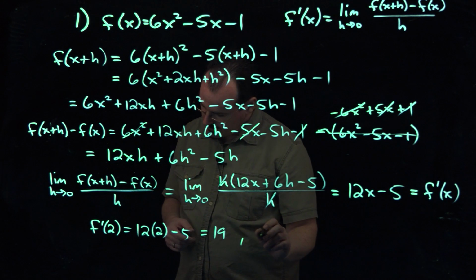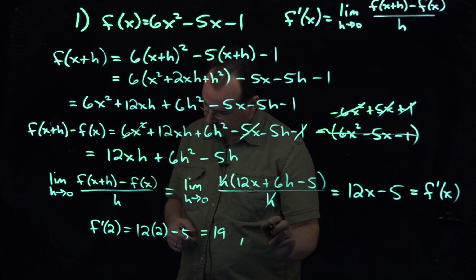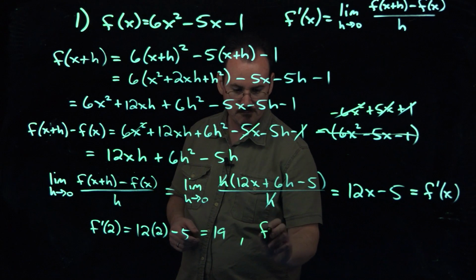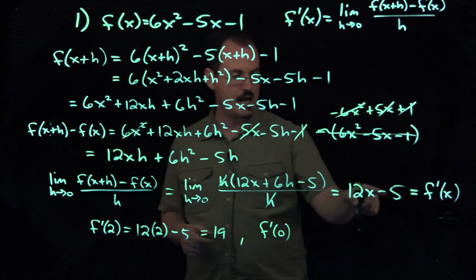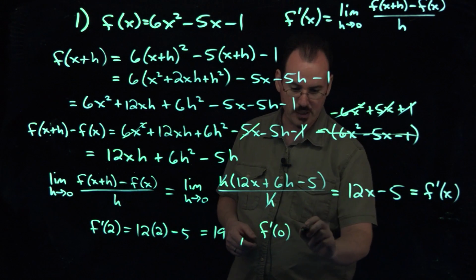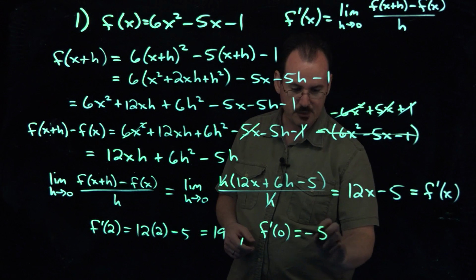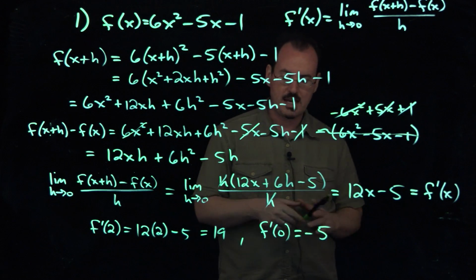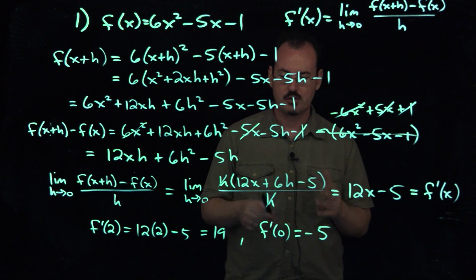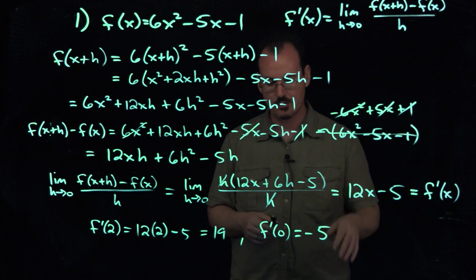Then f prime of 0, that would be what we get when we plug 0 into that. If I plug 0 in there, I'm just left with minus 5. So that's telling me that if I were to graph the original function and look at what's happening at 0, if I were to draw a tangent line there, I would find that it has a negative slope.